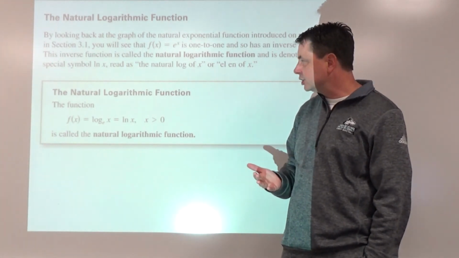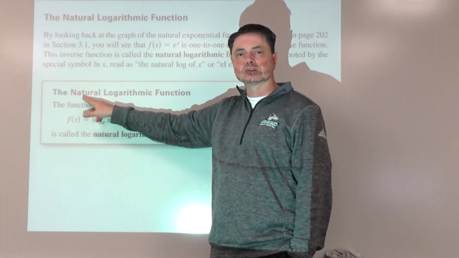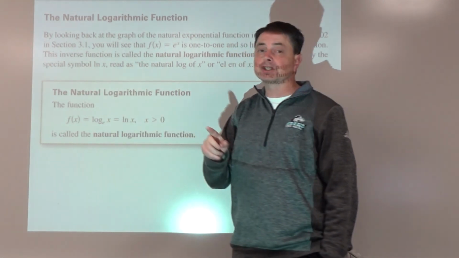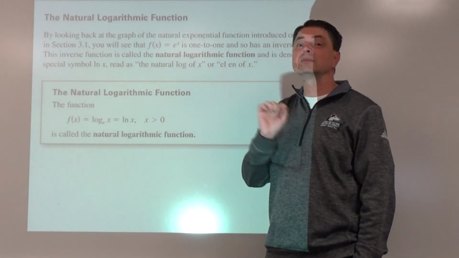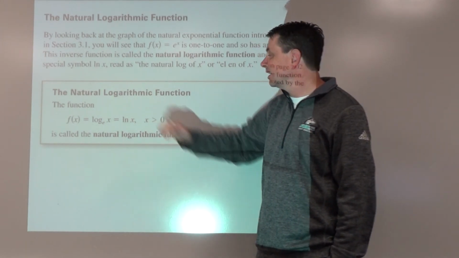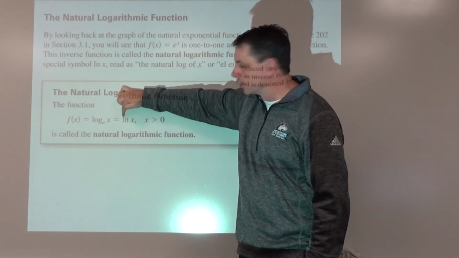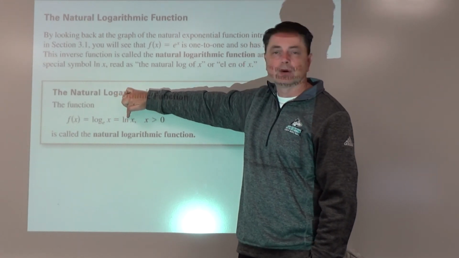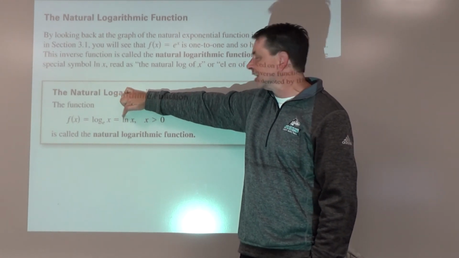Because in English, the adjective occurs first. But in French or Spanish, let's think back to French, because that's where this comes from, the noun comes first, logarithm, and then the describing word, natural. That's why it's in that order.